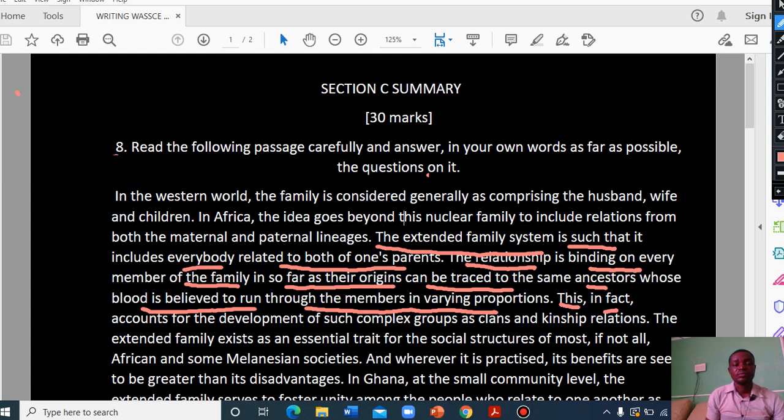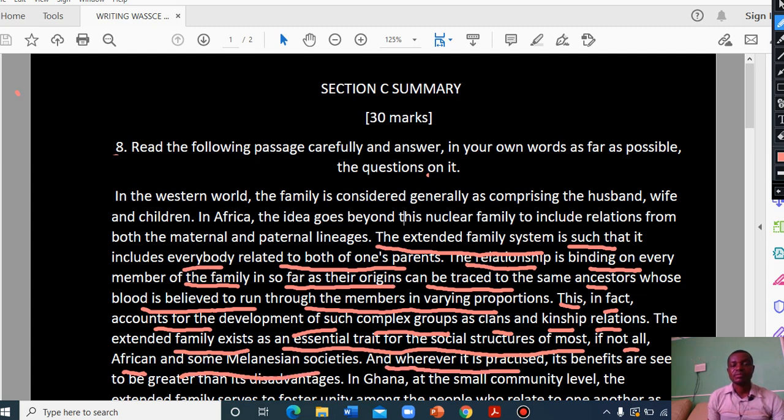This, in fact, accounts for the development of such complex groups as clans and kinship relations. The extended family system exists as an essential trait for the social structure of most, if not all, African and some Malaysian societies. And wherever it is practiced, its benefits are seen to be greater than its disadvantages. So here shows that we are going to discuss the benefits.